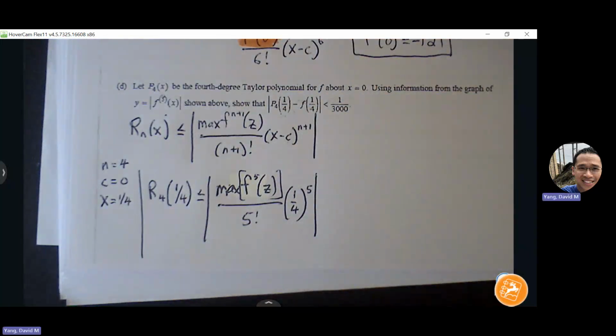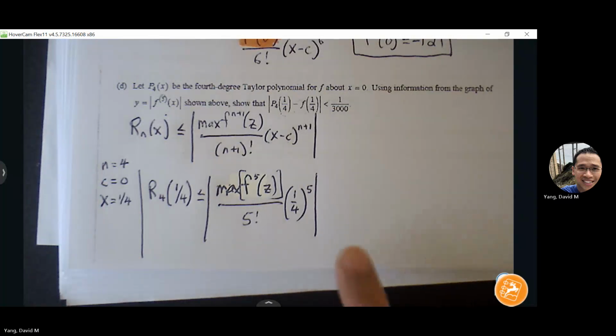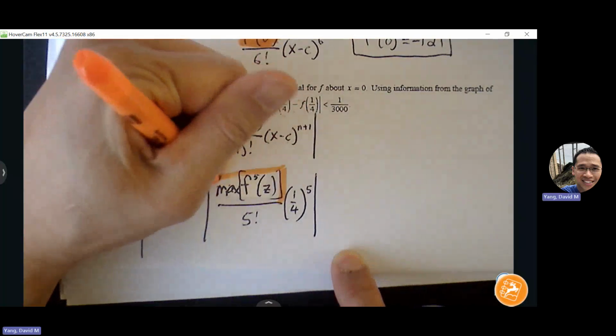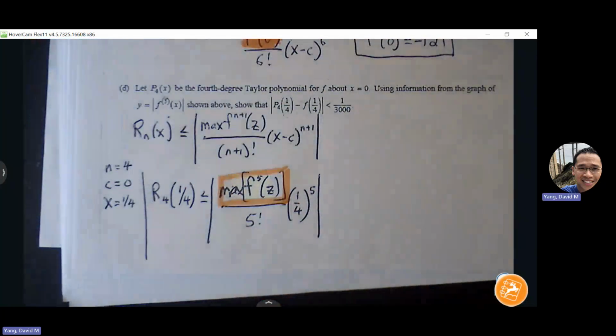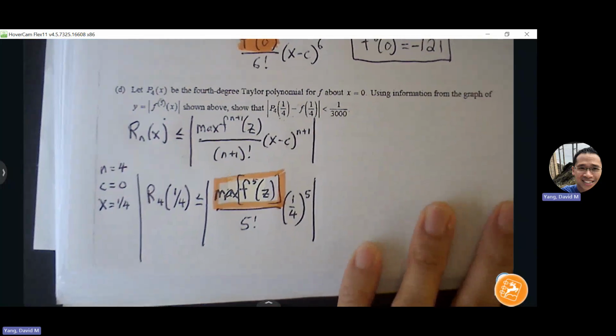Okay, are we okay so far with everything that we put in place? Okay, so we want to find a safe upper bound for this, and they want us to use the graph because the graph is showing the fifth derivative.